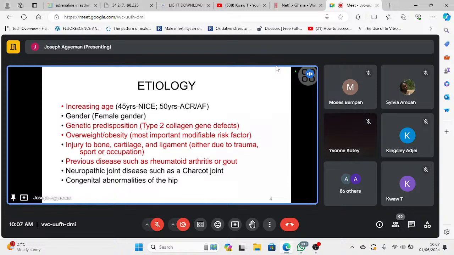Then, if you have any of the other arthritic conditions that can destroy bone structures, so gouty arthritis, which is a crystal problem.